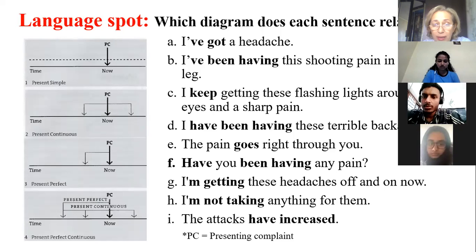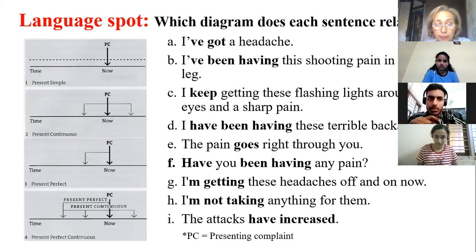Sultan, the next sentence is for you. Yes, ma'am. Have you been having any pain? This is present perfect continuous. Exactly, you are right. Okay. And then is Labib. Yes, ma'am. I am getting these headaches off and on now.